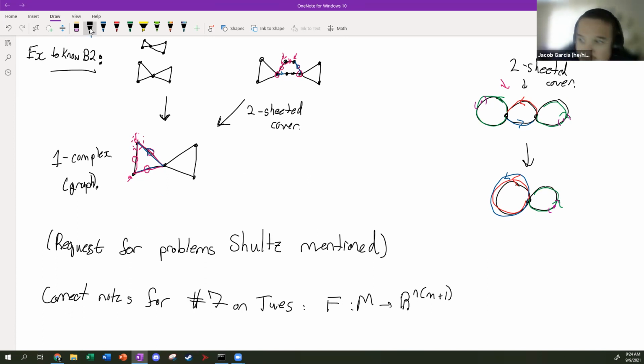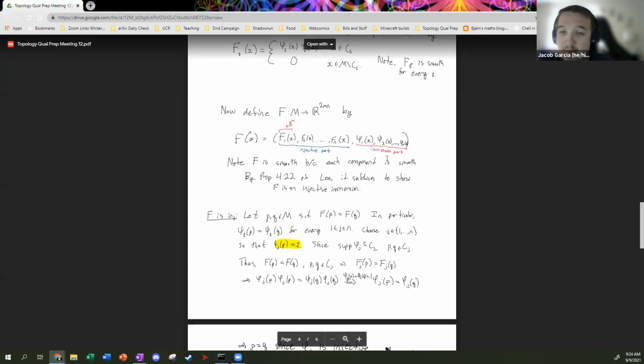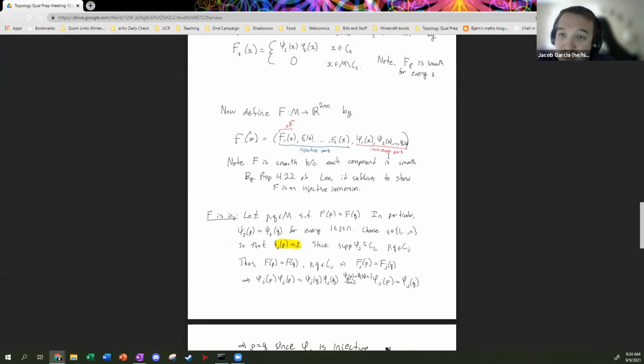Because if I am remembering this correctly, and I can double check this, I suppose I can just open up the file and look at it. Or even better, right? So this is what I wrote last time, but this thing that I underlined in red on the right, these are bump functions.